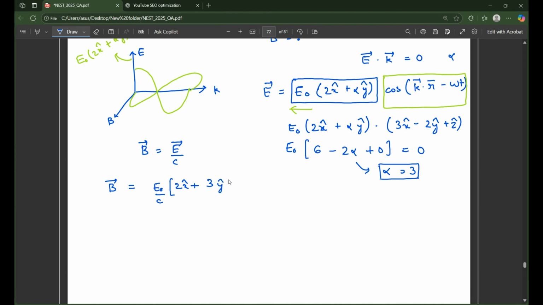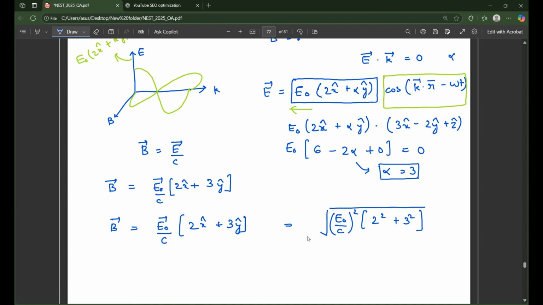This is the value of B. On solving this, it comes out as E naught by C into (2x plus 3y). Now we need the magnitude. For calculating the magnitude, we take the square root: E naught by C square root of (2 squared plus 3 squared).